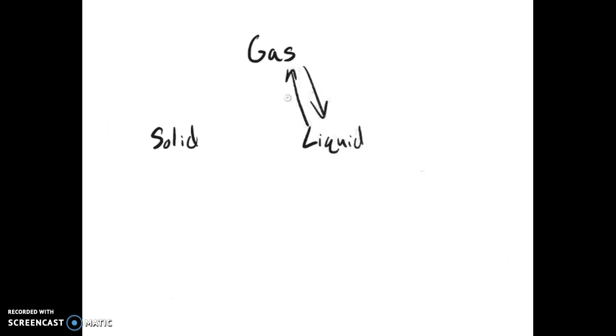So now what we'll quickly talk about is a quick diagram to show you the names of the phase changes. Now if we have a little triangle where we have gas up at the top, solid over here, and liquid here, we have changes that can go in all directions.